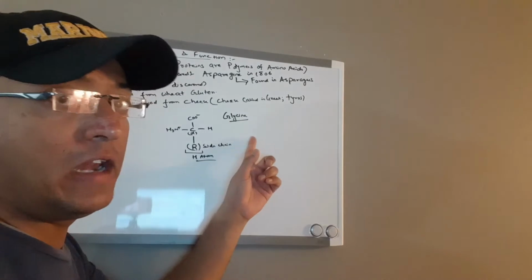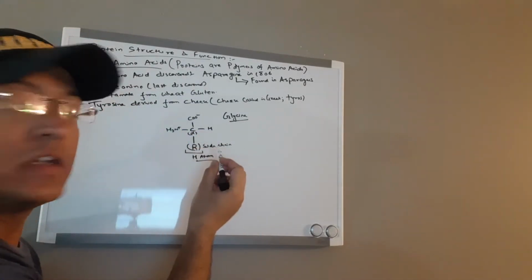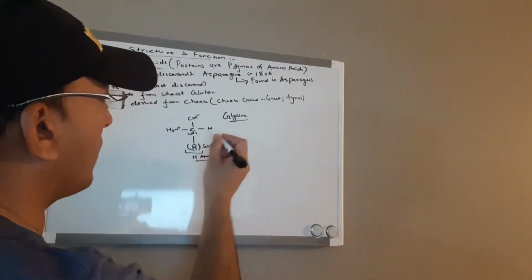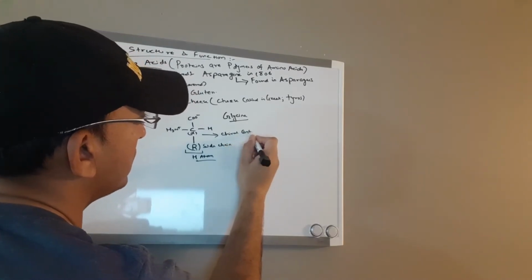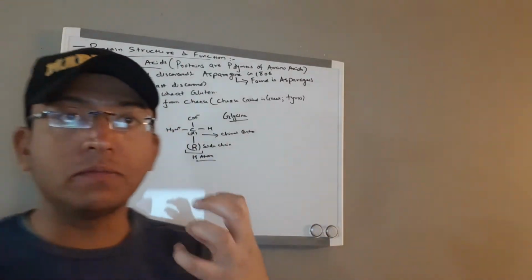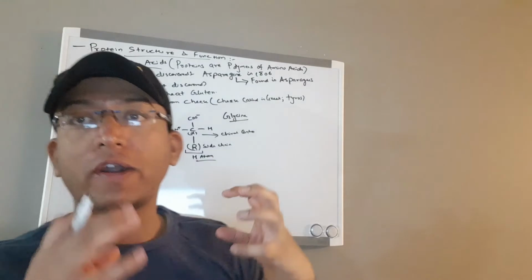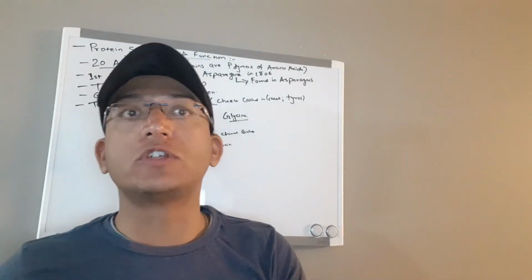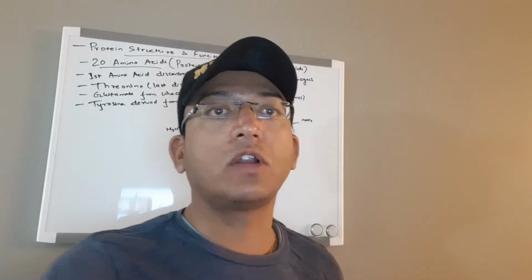So all the other amino acids have these three groups and a side chain. This alpha carbon atom is a chiral center. And what is a chiral center? A chiral center is an atom that has four different groups bonded to it in such a manner that it has a non-superimposable mirror image. The mirror image is different, it is not the same.